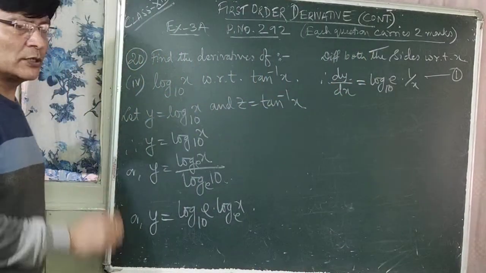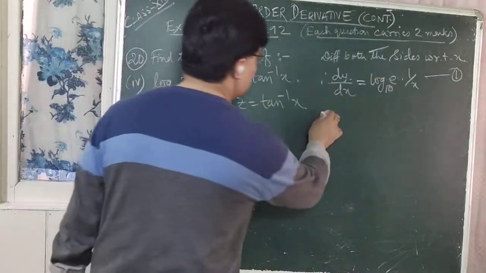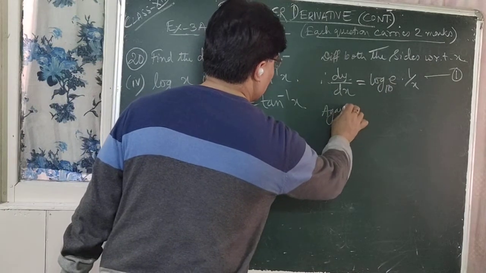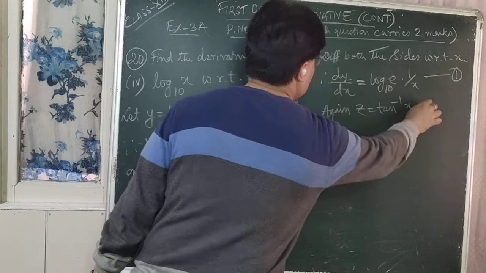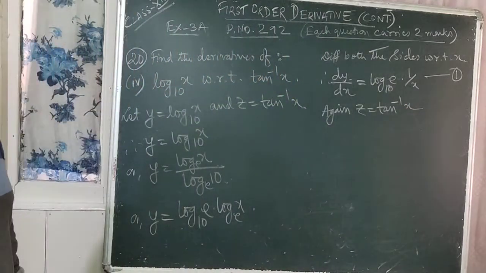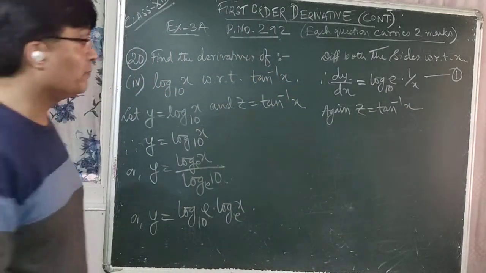Okay. So again, what is the second function? Again, z is equal to tan inverse x. So let us find out dz by dx now.